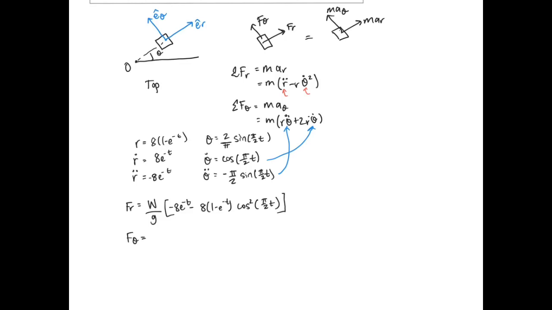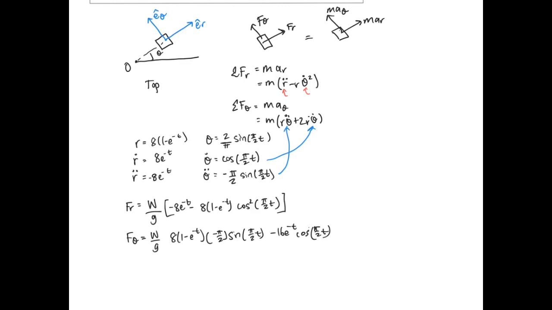Our transverse force is equal to W over g times 8 times 1 minus e to the negative t times negative pi over 2 sine of pi over 2 t, minus 16 e to the negative t cos of pi over 2 t.